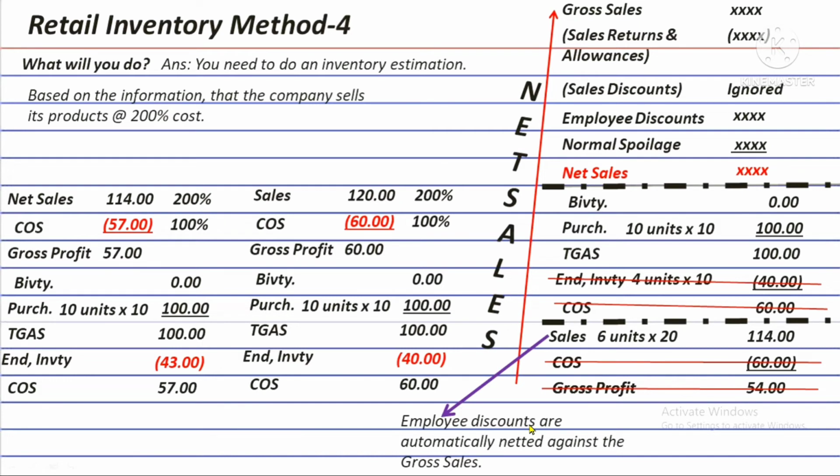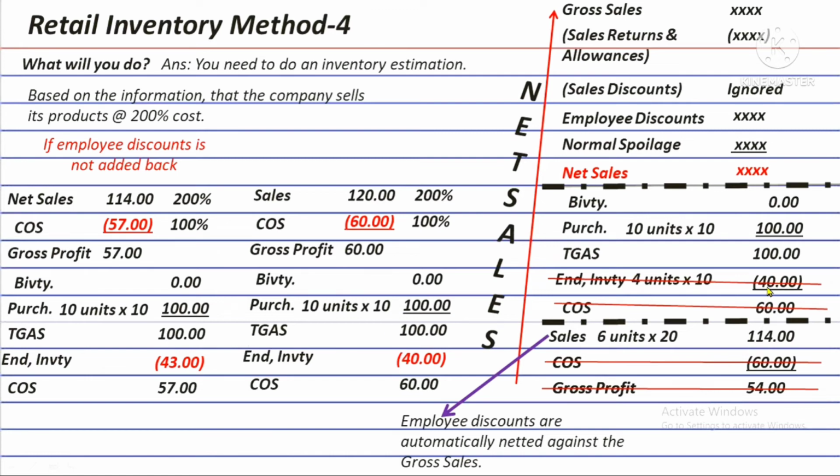And because of that, if we ignore the employee discounts, or if you do not add the employee discounts to sales, this will happen. The sales will become 114, the cost of sales will become 57, and the ending inventory will be 43. And we know those amounts are wrong because these are the correct amounts, right?